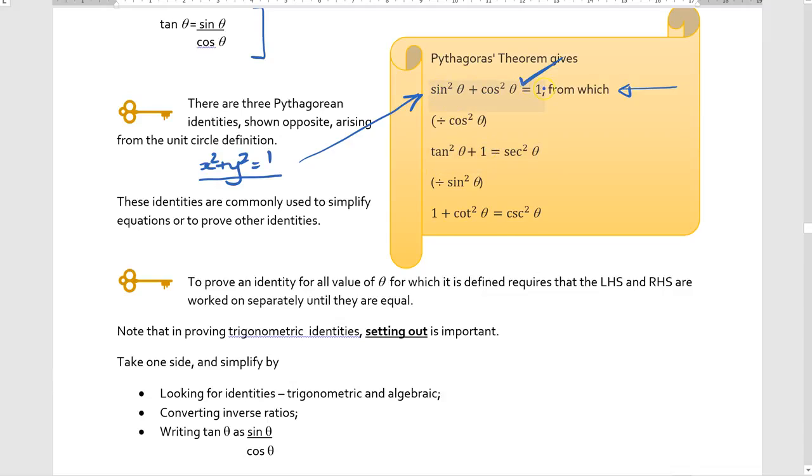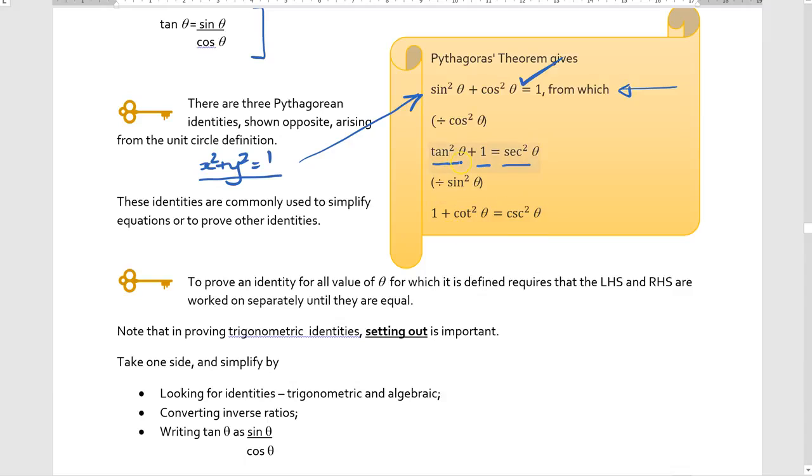So if we took our sine squared plus cos squared theta equals 1 and we divided through by cos squared, you can see that sine squared divided by cos squared will give us tan squared. Cos squared divided by cos squared is 1, and 1 divided by cos squared is sec squared. So that's our second Pythagorean identity.